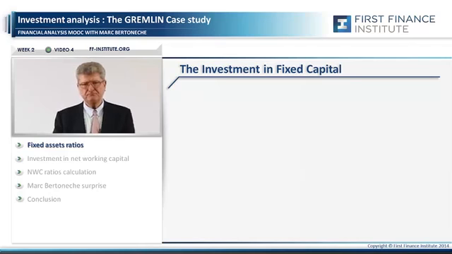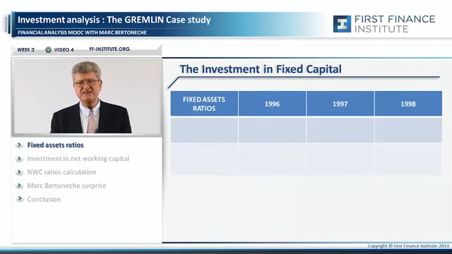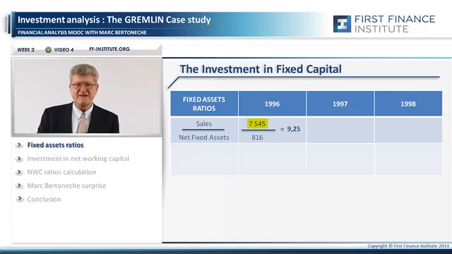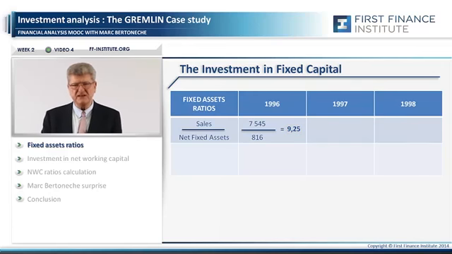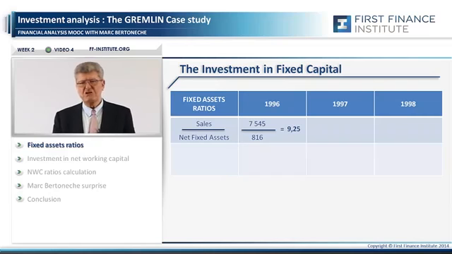As you see on the slide, in 1996, this ratio was equal to 7,545 divided by 816, which is 9.25, which tells us that this company is not in a very capital-intensive business and requires few fixed capital to operate. Every euro of net fixed asset generated in 1996 9.25 euros of revenues.